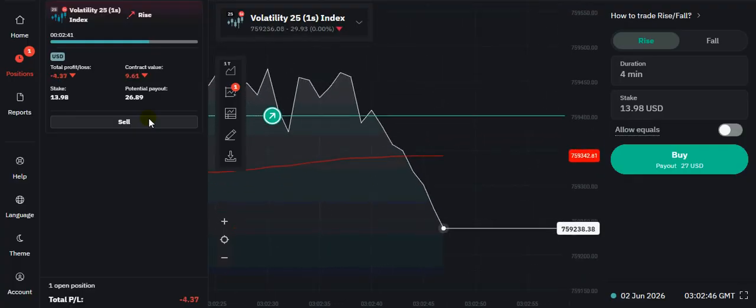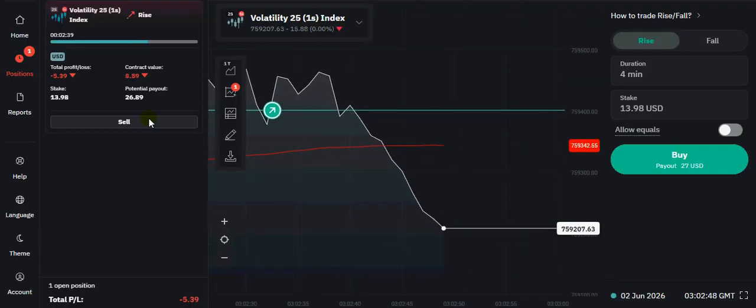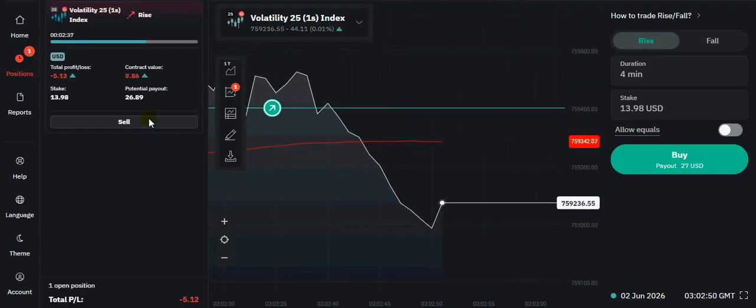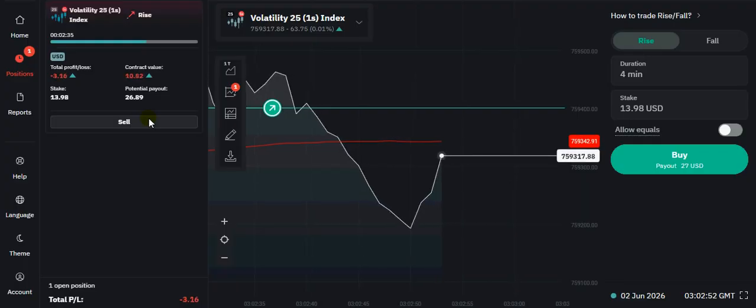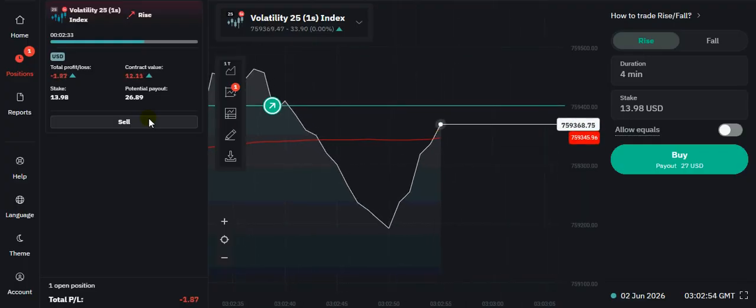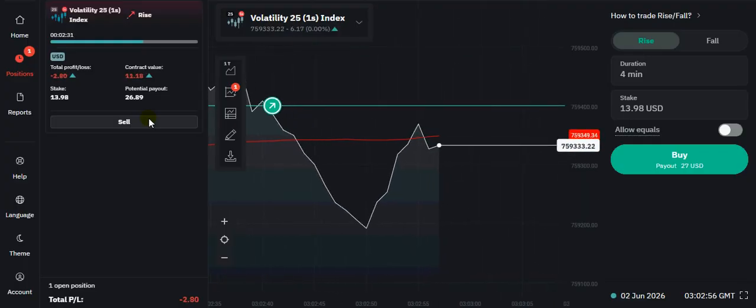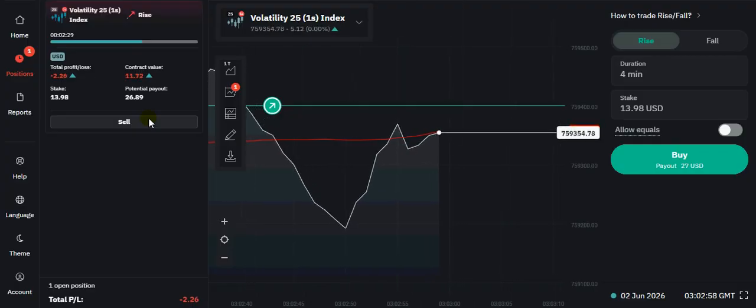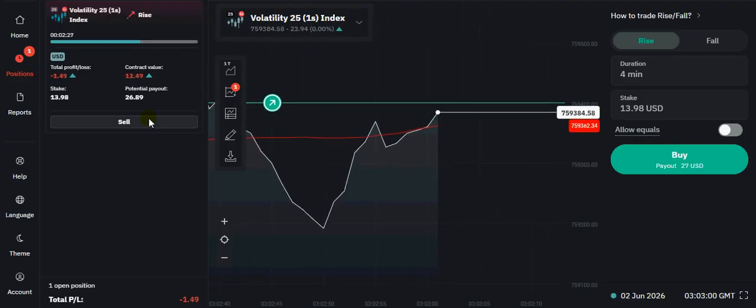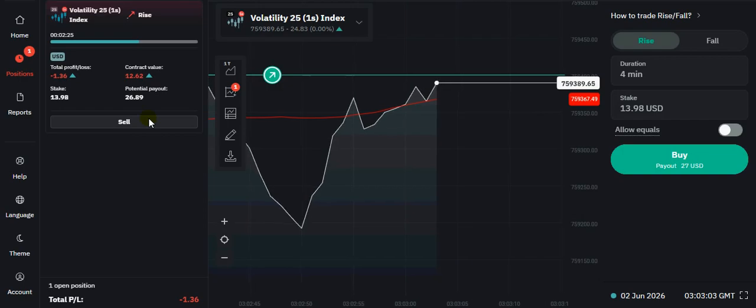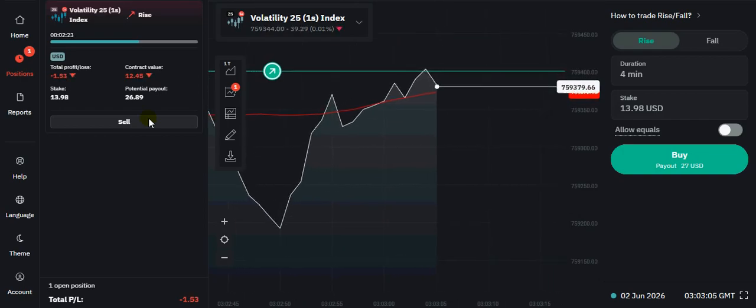So it's rebounding. So it'll go back up again. So make sure you're very active and your mouse is on the sell button, because the market can rebound so fast.